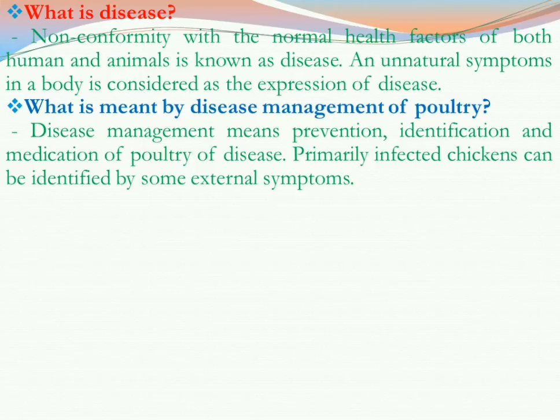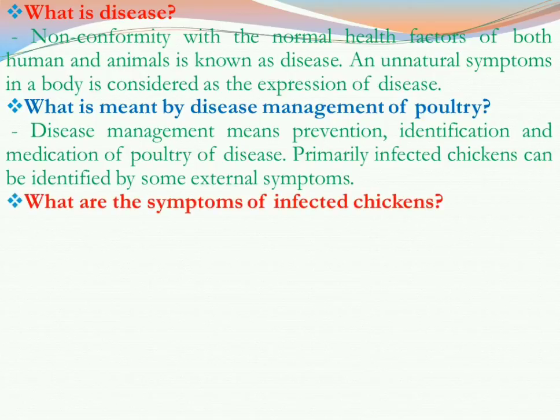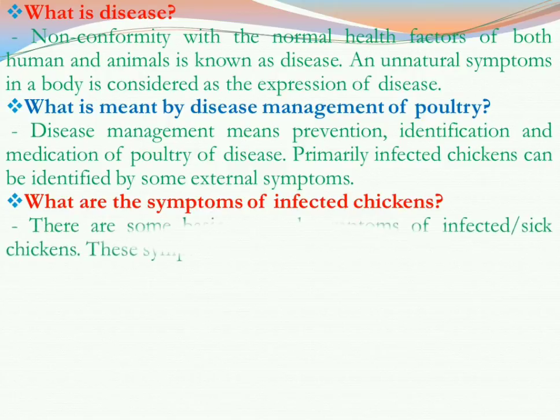Primarily, infected chickens can be identified by some external symptoms. So let us know about external symptoms. What are the symptoms of infected chickens? There are some basic external symptoms of infected or sick chickens.